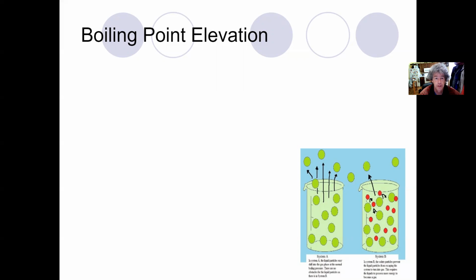For example, if you put salt into water, it causes the water to have to get to a higher temperature to boil. If you think about it, some of the particles will not be in contact with the surface. They'll hit a solute particle and bounce back, and not be able to escape until you get to a higher temperature and more kinetic energy.